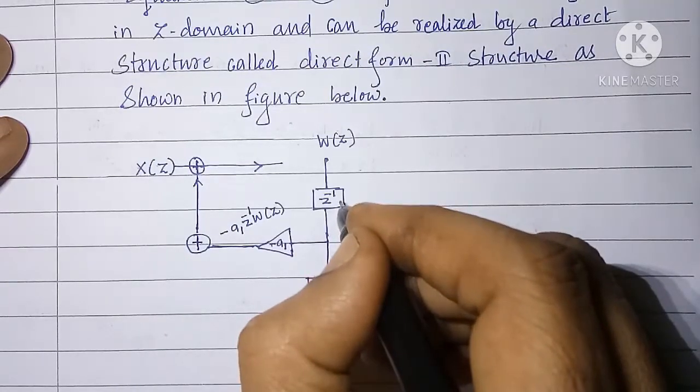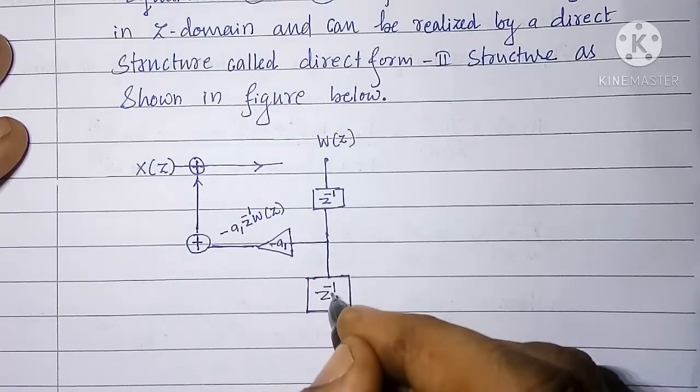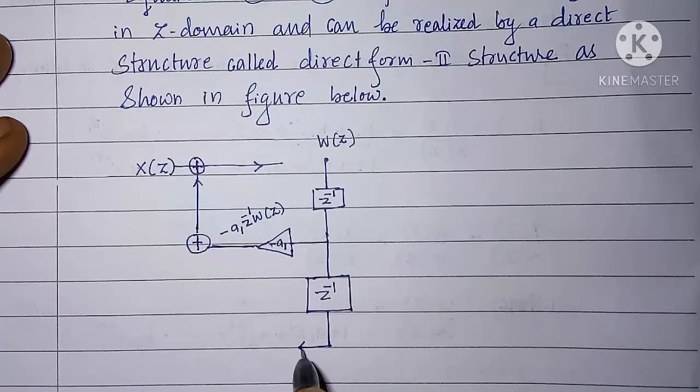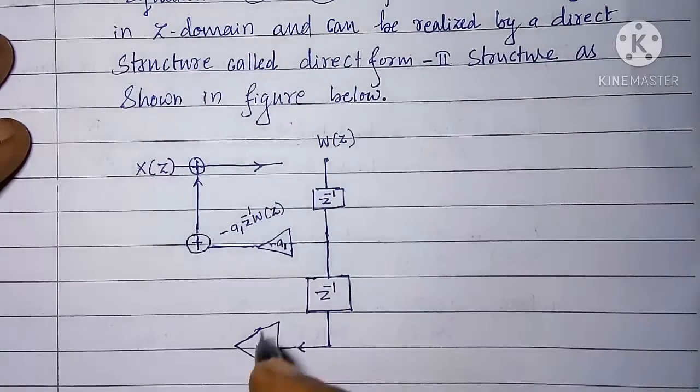So here we have already delayed by one sample. Next delay is shown here now. And here we get gain. That gain is minus a2.